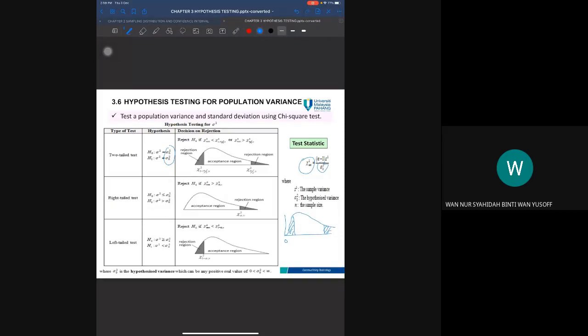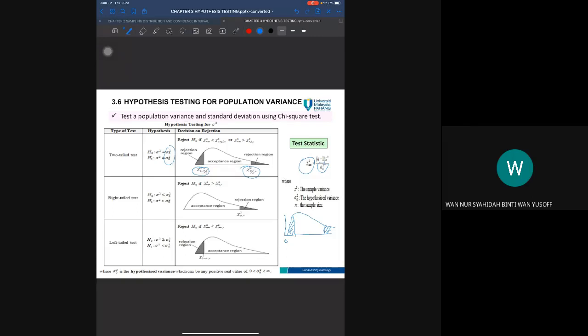That's why the lower critical value and upper critical value here have different values, different probability values. One of the reasons is that it is a positive distribution. It's not the same as Z and T. Z and T are symmetric distributions, so they have a positive side and a negative side.